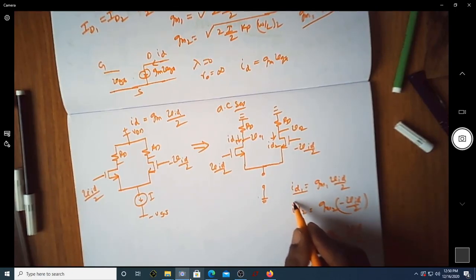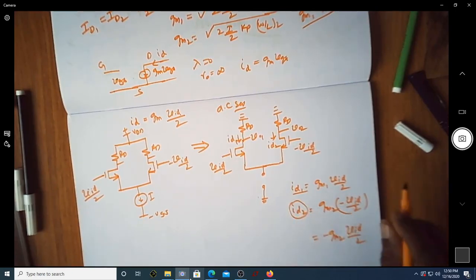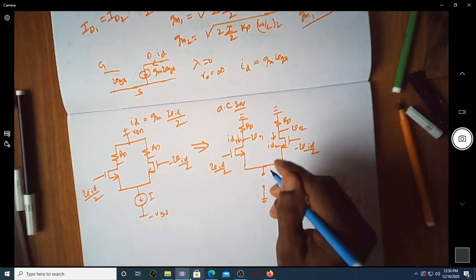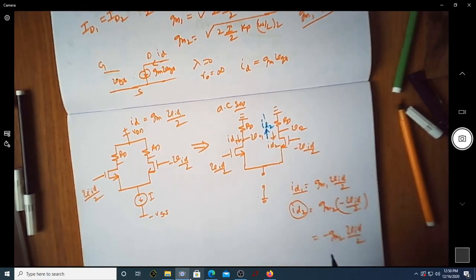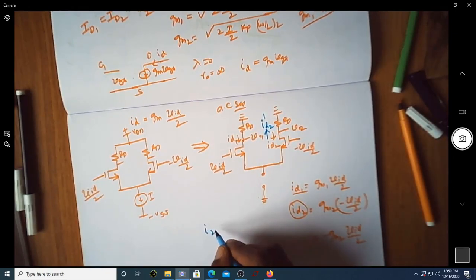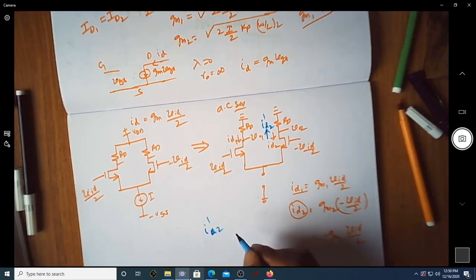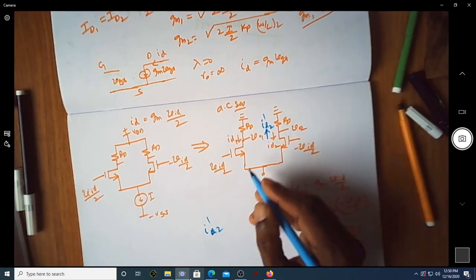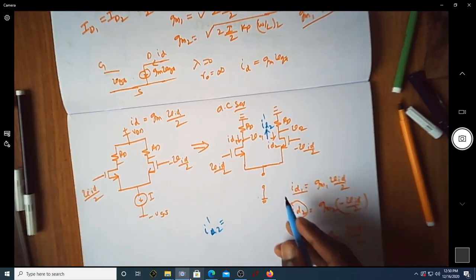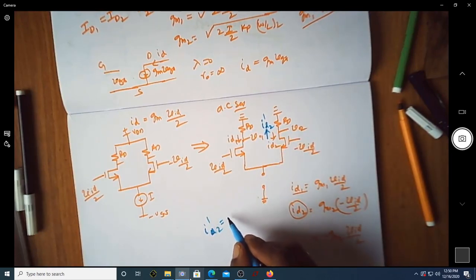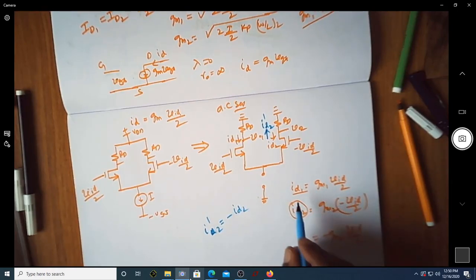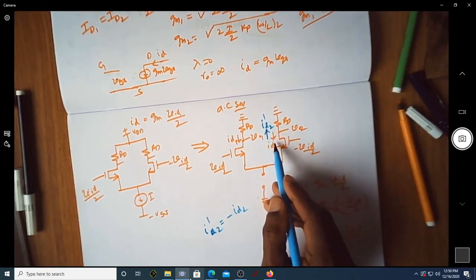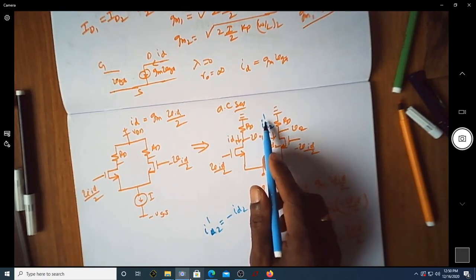Suppose instead of writing ID2 like this, I write this as I dash D2. Is I dash D2 not equal to minus of ID2? Because you can see I'm just reversing the direction of ID2 to I dash D2.